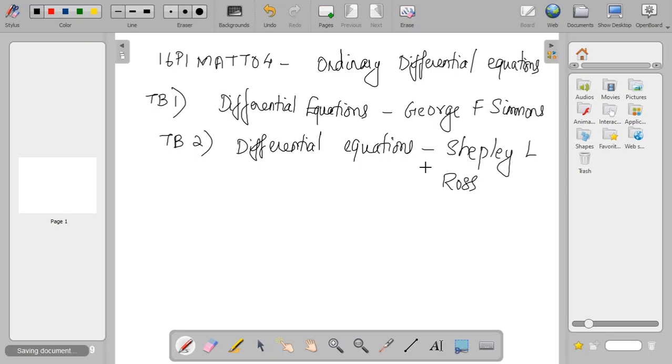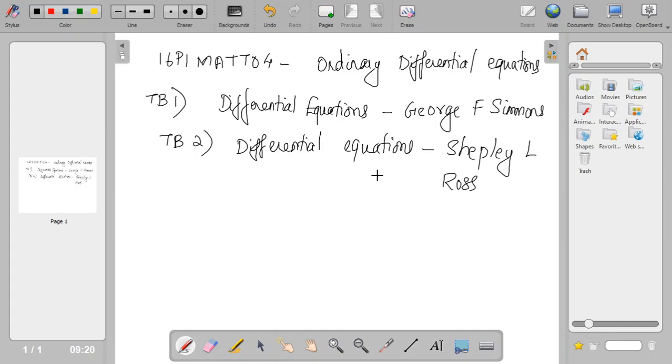So we will be having a total of 4 modules. In the first module we will be mainly looking at systems of linear differential equations. You have seen how to solve linear differential equations and higher order linear differential equations in your undergraduate course.